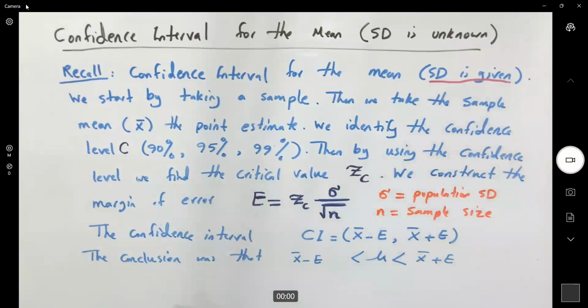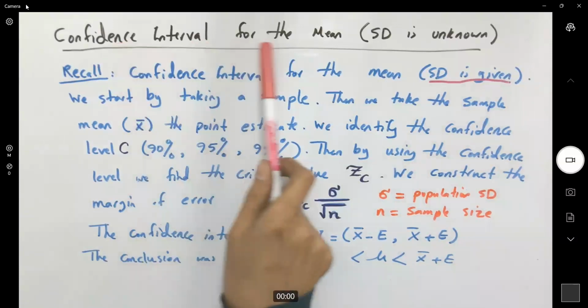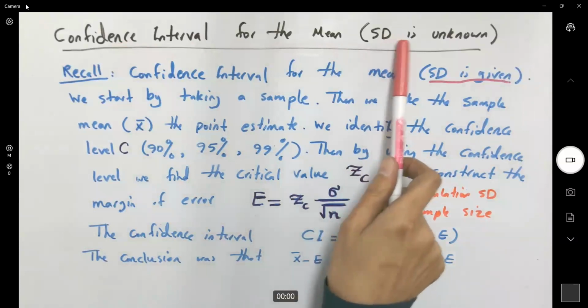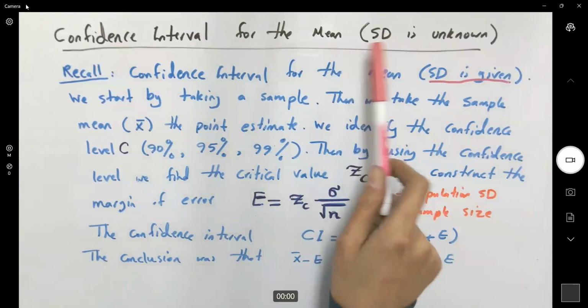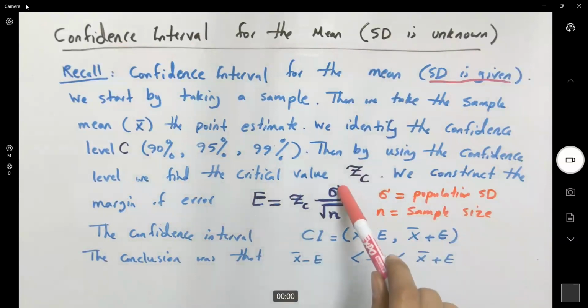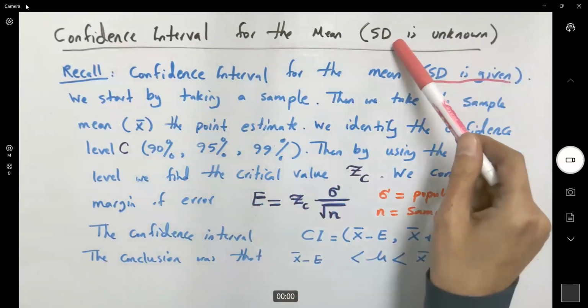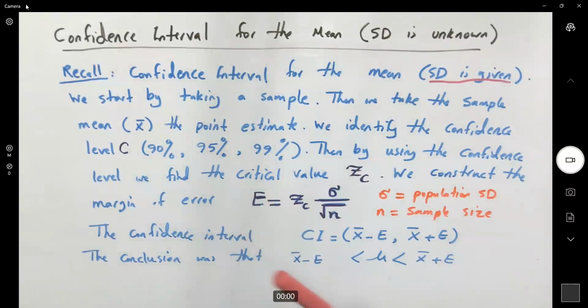But in the majority of cases, in real life scenarios, standard deviation is usually unknown. We cannot use the standard deviation sigma. So I expect you to ask, what should we do then? If we cannot use the standard deviation of the population, what is our next step?